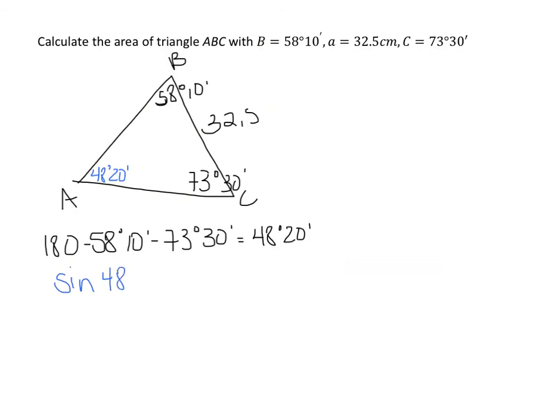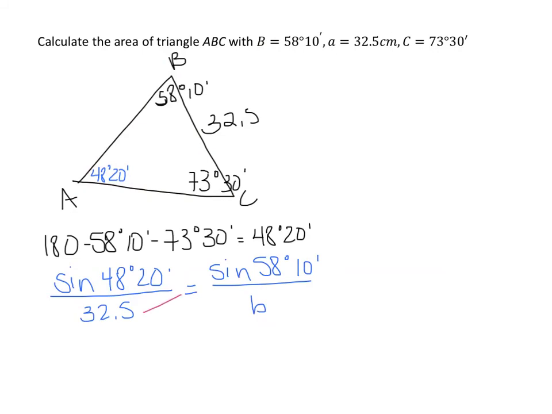So here's sine of A over A. And then I have sine of B over B. And from here I will cross multiply those values, divide here, and when I plug that all into my calculator, I find that side B is equal to 36.962.